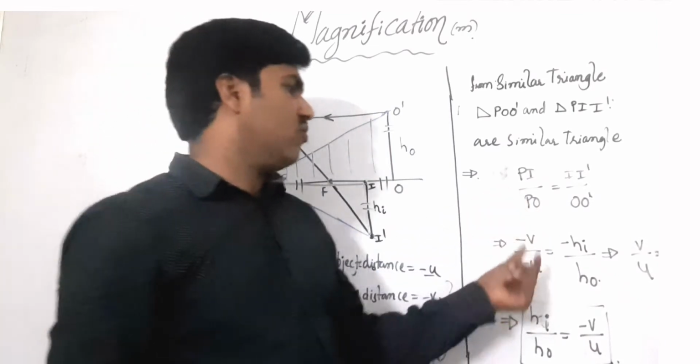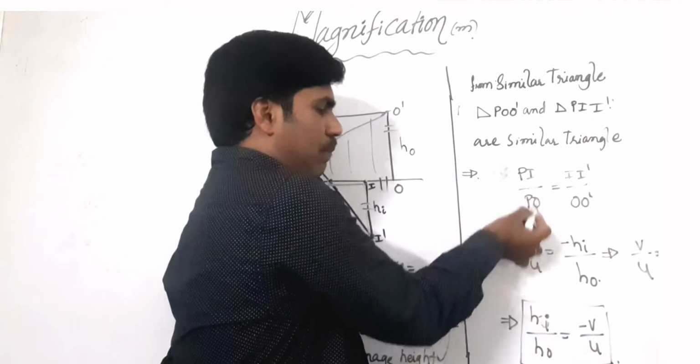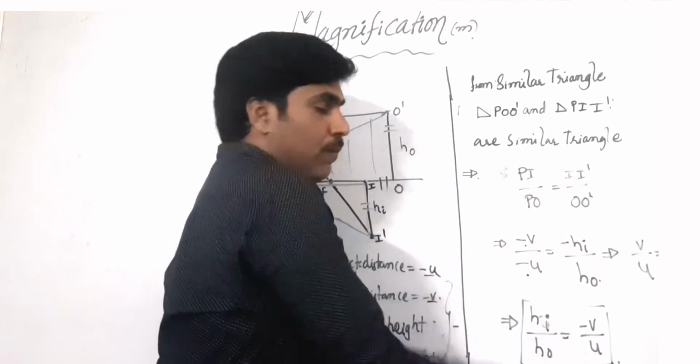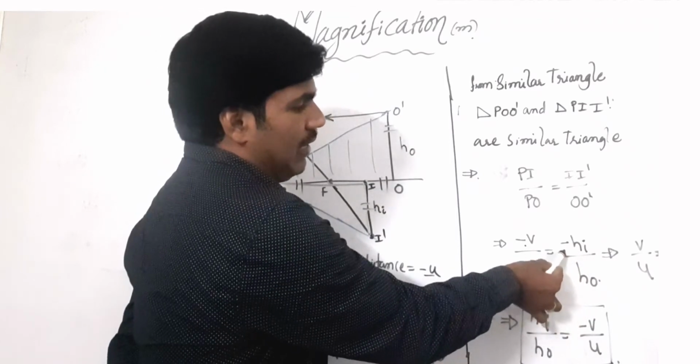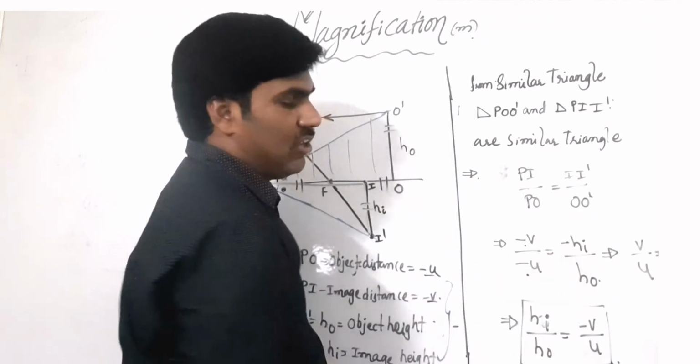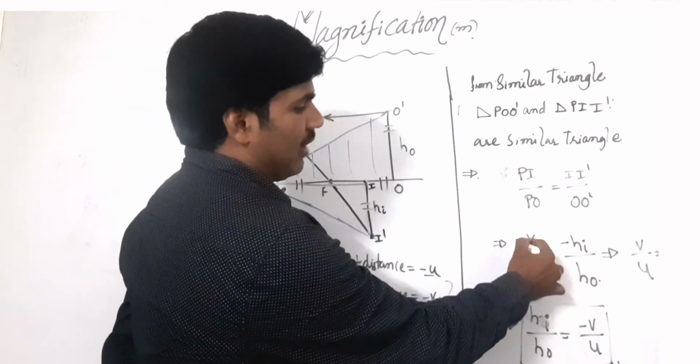Now these values are substituted: PI is minus V, PO is minus U, and it is also written as minus HI by HO. The minus and minus get cancelled.